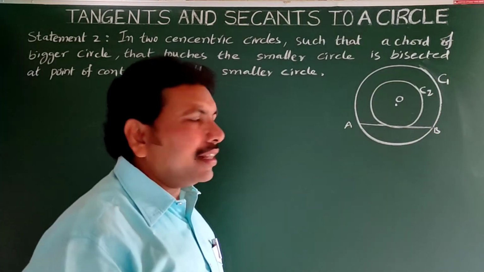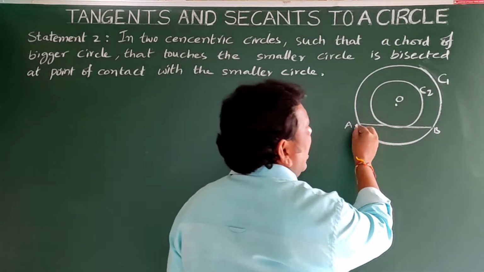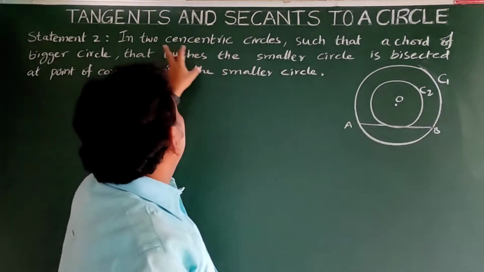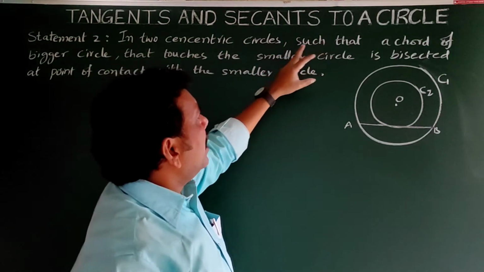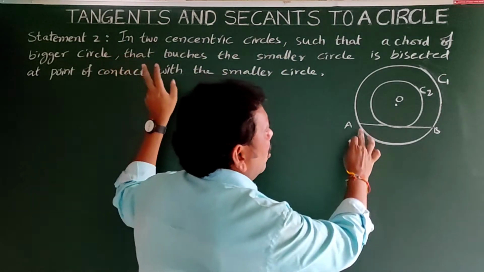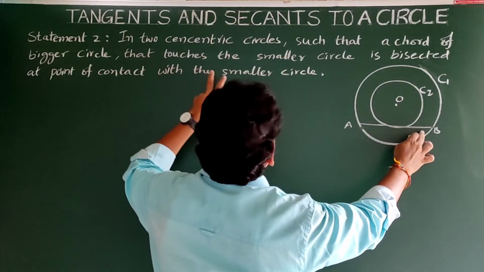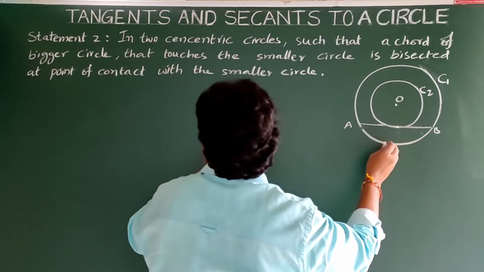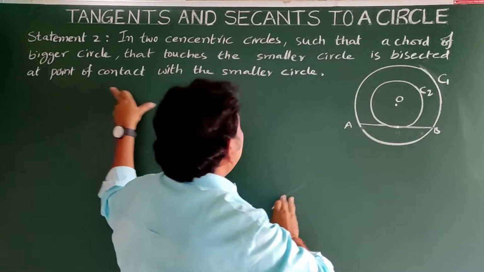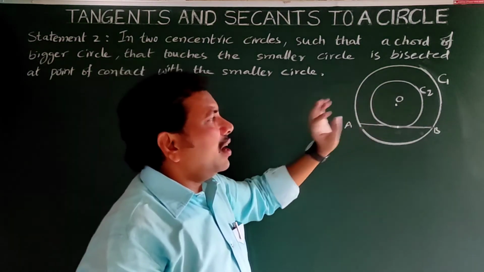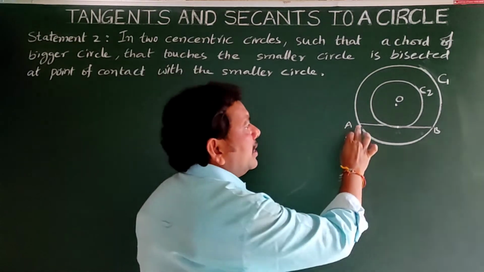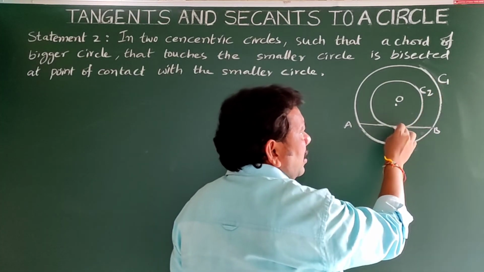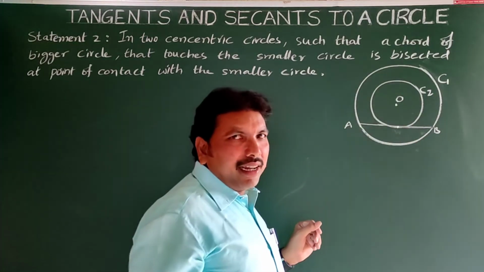AB is the chord of C1. That is what is given. So AB is the chord of the bigger circle which is tangent to the smaller circle.